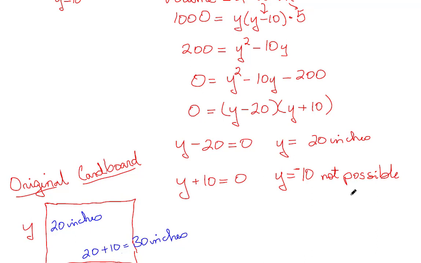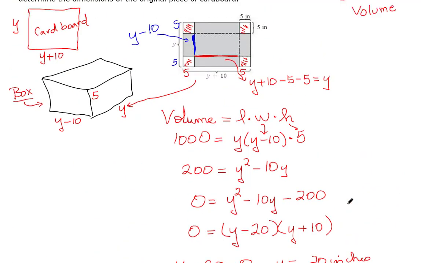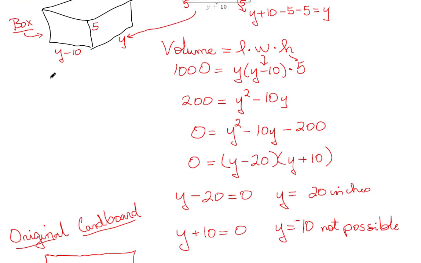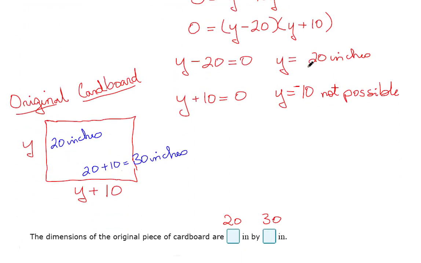Alright, so what were now my dimensions of my original cardboard? Well, let's see. Let's come back up here. The width of my original cardboard here is y, and the length is just 10 more. And so we solved for y, and so that y is 20. And here the length is y plus 10, which is 30.